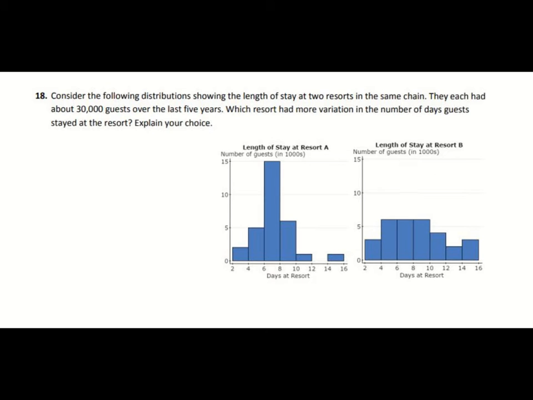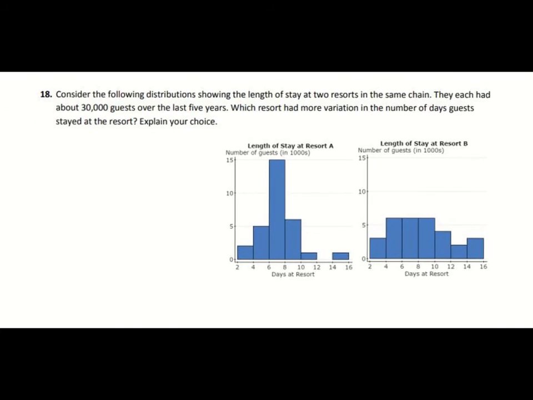Consider the following distributions showing the length of the stay at 2 resorts in the same chain. They each had about 30,000 guests over the last years. Which resort had more variation in the days guests stayed at the resort? So this one had more variation. This one had a spike because more people stayed here.